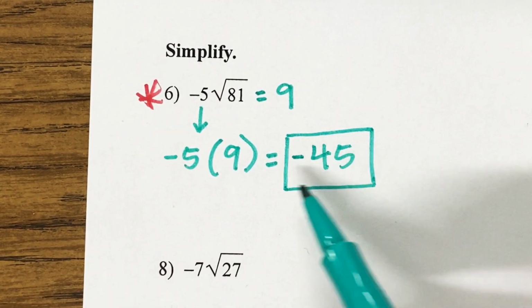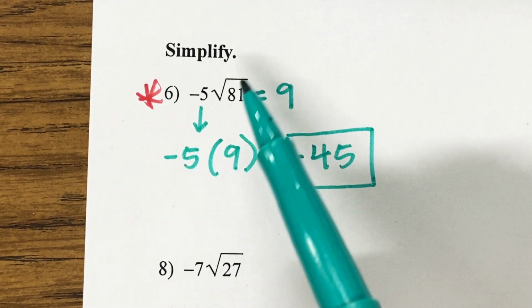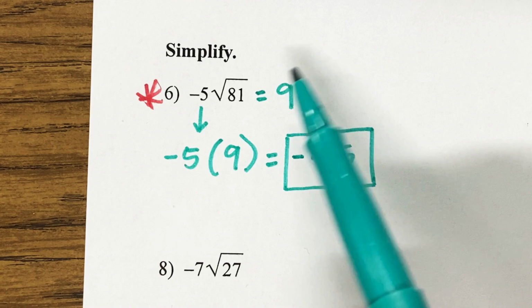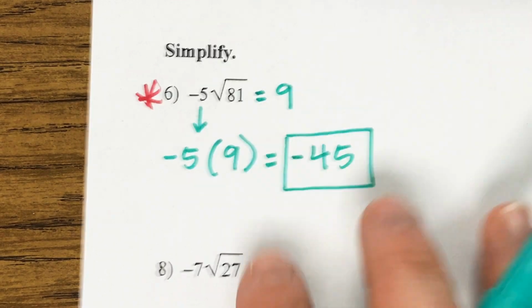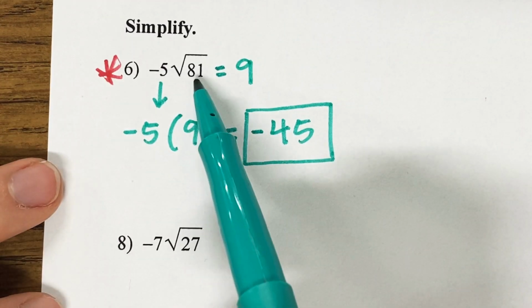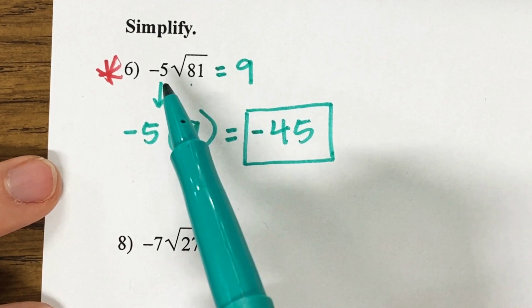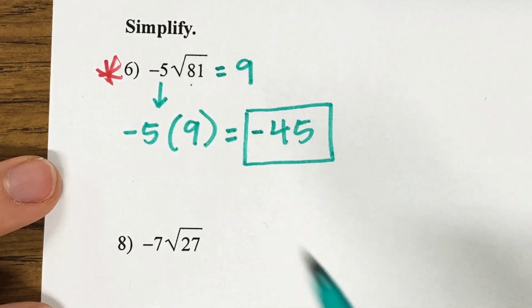That one looks nice and pretty with no radicals left over because the square root of 81 is a whole number. It's 9. It doesn't look ugly like the square root of 125, right? So we simplified the radical, which came out nice and pretty at 9, and then all we had to do was multiply it by what was out in front.